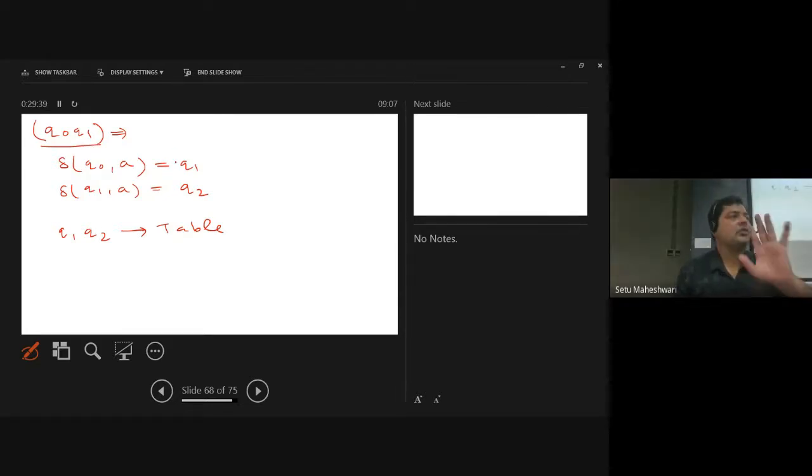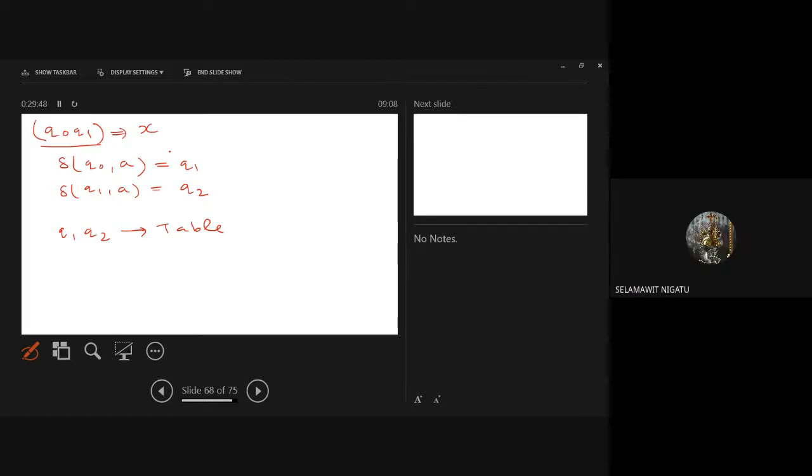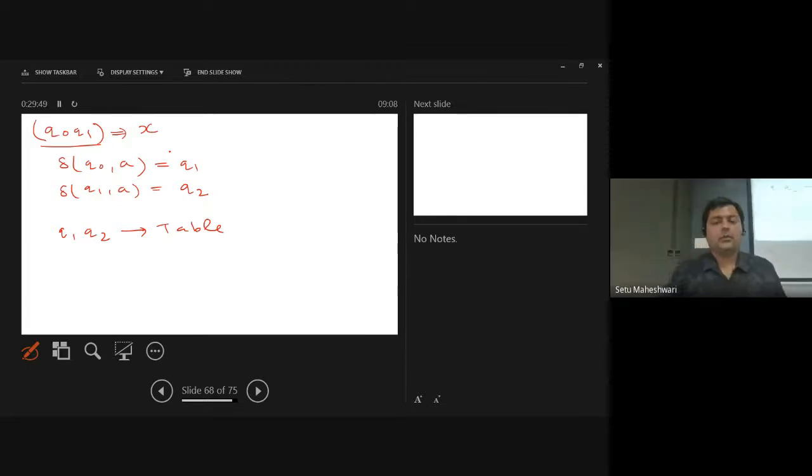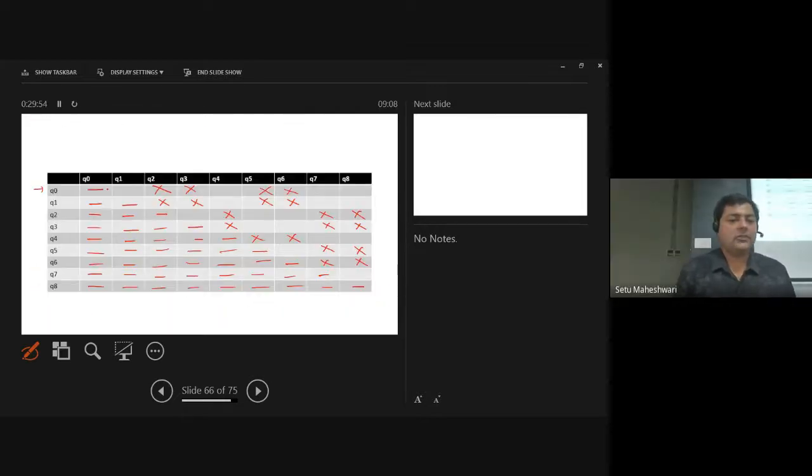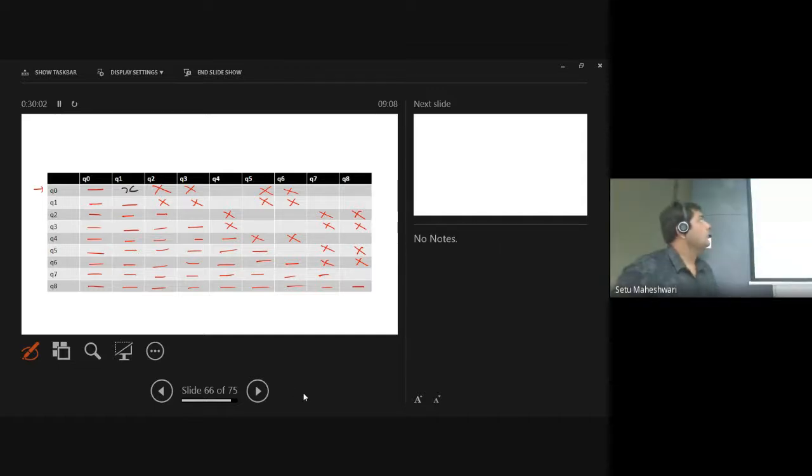Now this should be marked as small x. That means I should go to this Q0, Q1 and mark it as x. Clear?